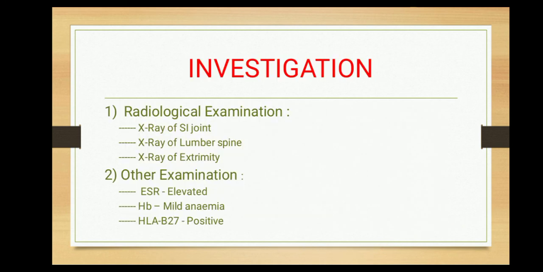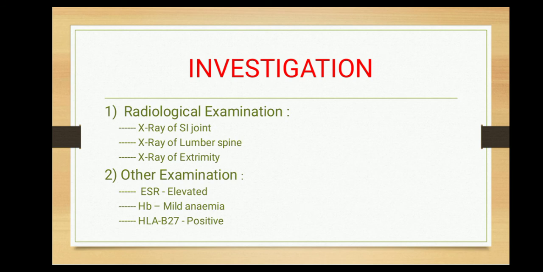Now we have to move on to the investigation. In the investigation part, we have to do radiological examination and other examinations. In radiological examination, we take the x-ray of the sacroiliac joint, lumbar spine, and extremities. In other investigations, we test the ESR level and hemoglobin level.